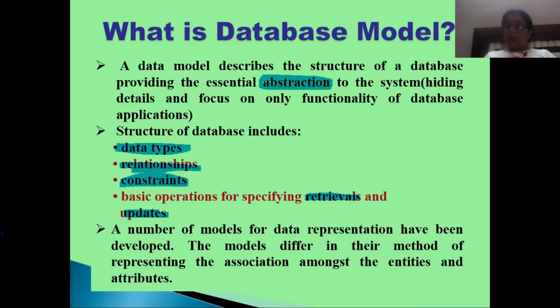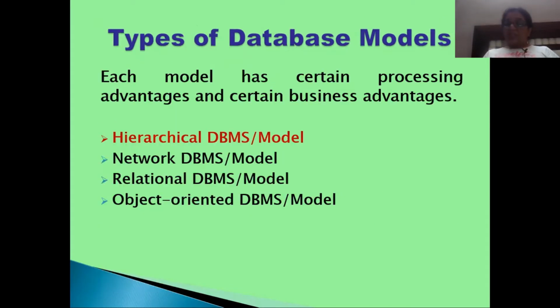In the way in which they represent the various entities of the system, their connection in between the system and their attributes. Each model has a certain processing advantages and certain business advantages, which we'll be discussing in the coming up lectures. Today, we'll be talking about this hierarchical DBMS model, which is highlighted in the red color.